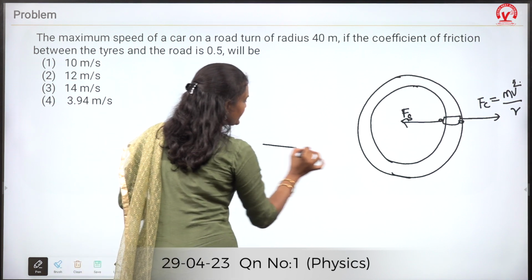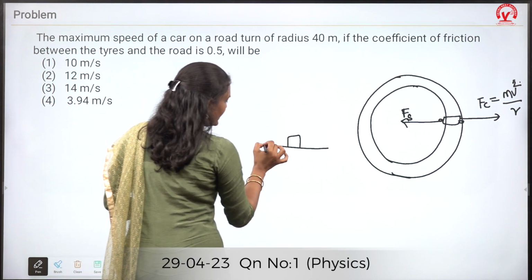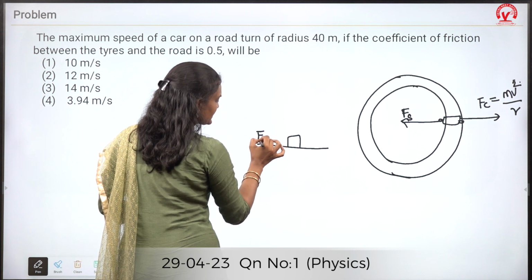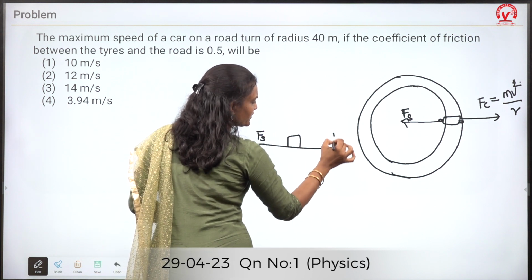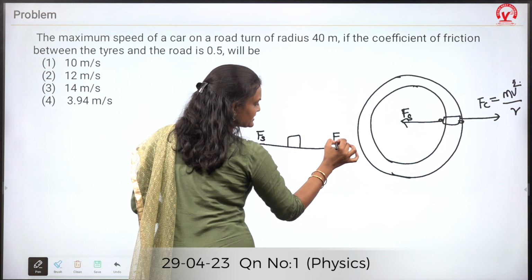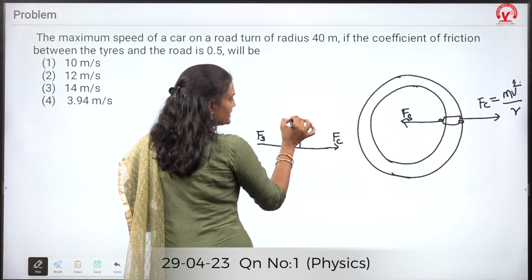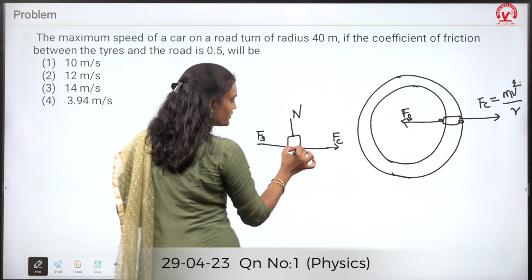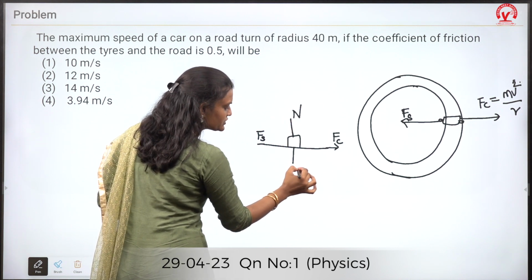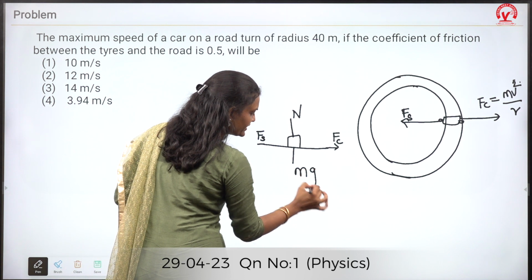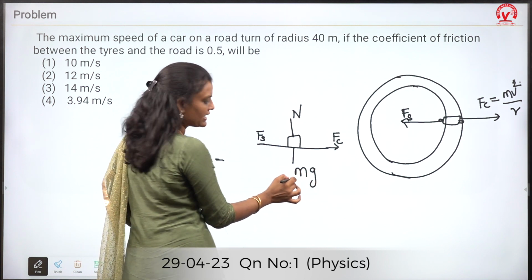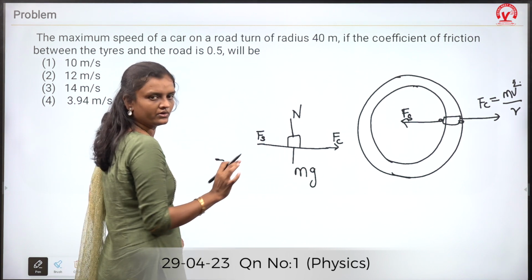Now I am drawing a diagram here. This is a car, with the frictional force in this direction and the centripetal force acting in the opposite direction. This car has an upward force as well as a downward force, due to the acceleration due to gravity. Weight is equal to mass into acceleration due to gravity.